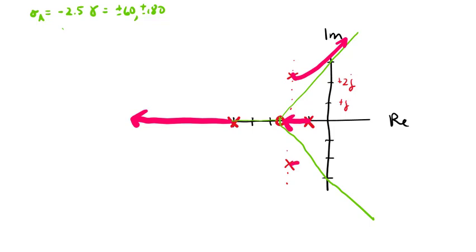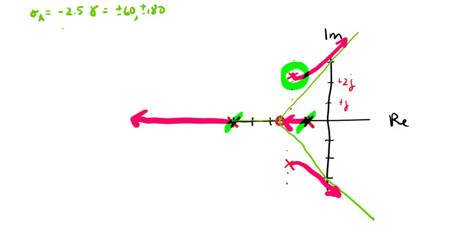And that one's going to do the exact same and head down there. So these poles here are just fine as we change the root locus gain.